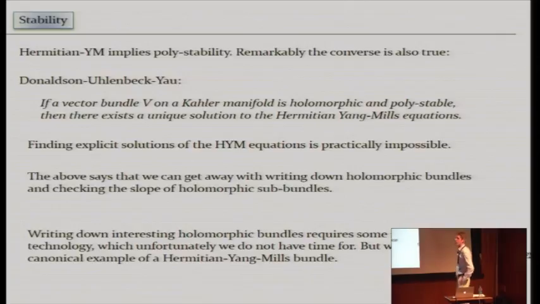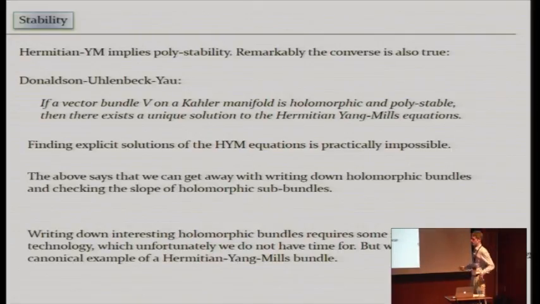Now, I'm certainly not going to have time to construct interesting holomorphic bundles for you. There are at least two nice classes of constructions of holomorphic bundles that you might have heard of. There are the monad constructions, where you take a sequence of line bundles, and then take the kernel modulo the image of some maps.